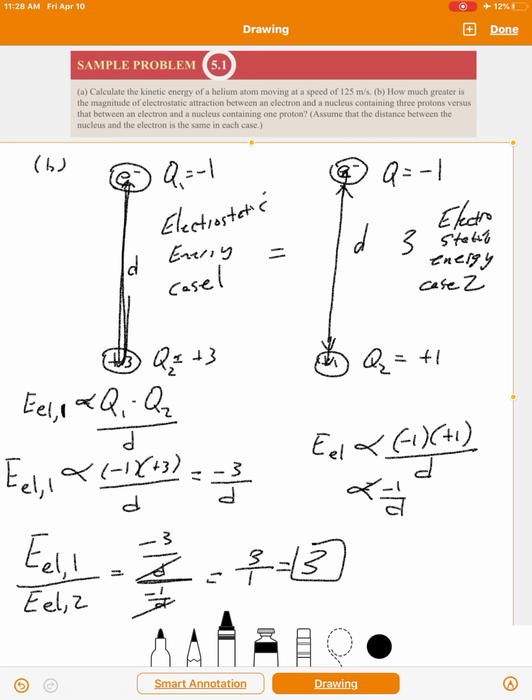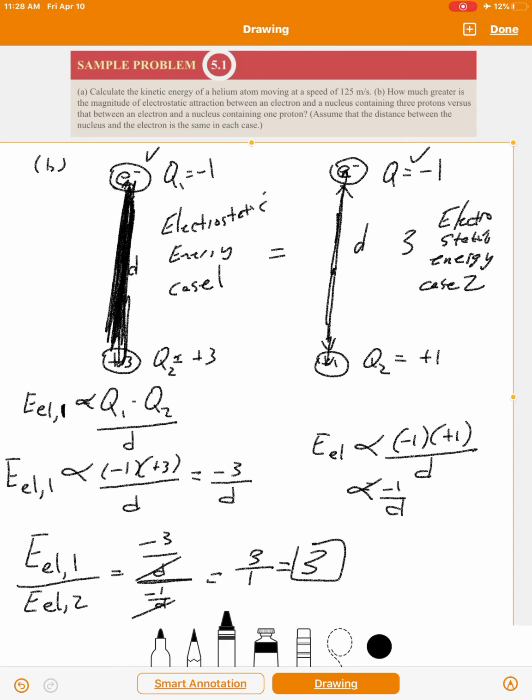There's more energy of attraction here by a factor of 3 than there is here, right? So the energy holding those 2 particles together is much greater in case 1 than in case 2. Okay, 3 times as much energy.